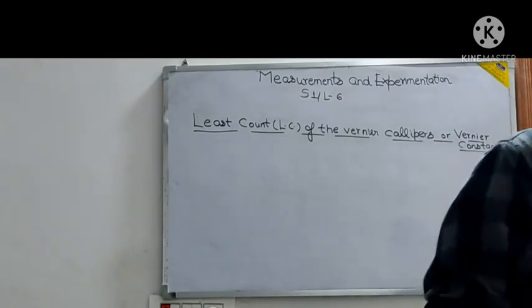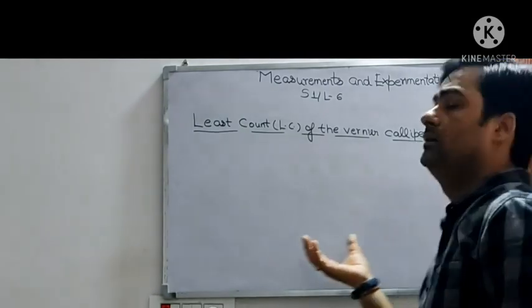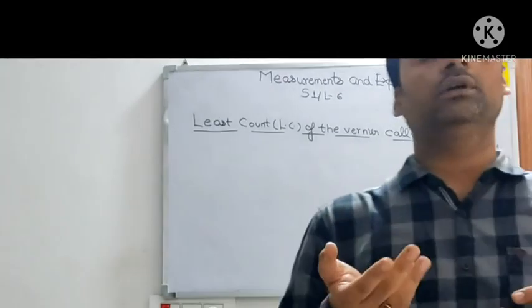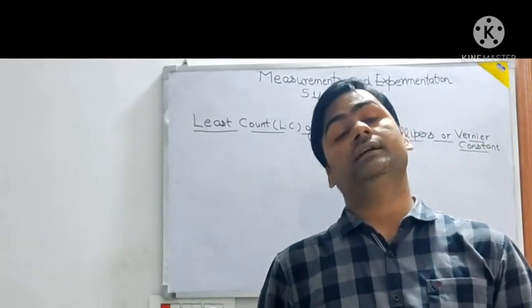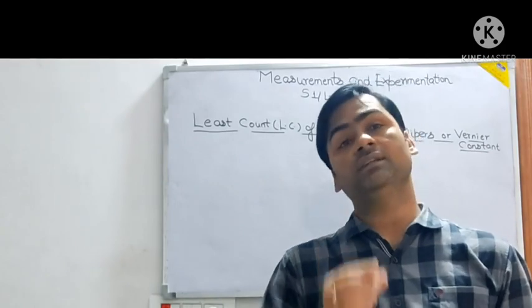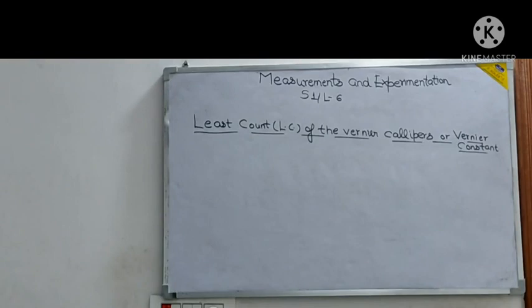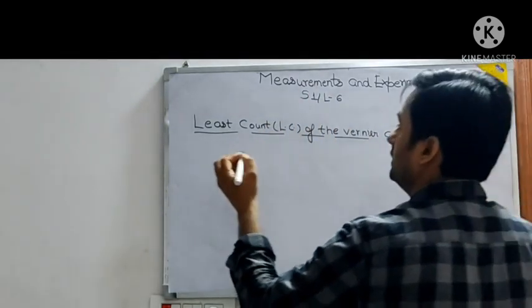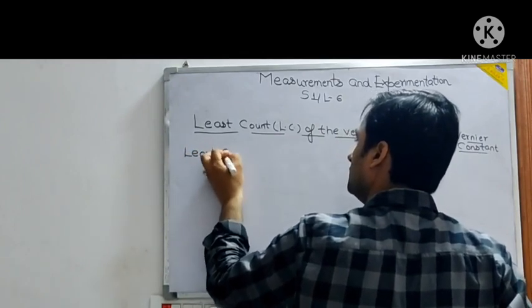Now this least count of the vernier calipers, or vernier constant, again see, one concept that I have told you is that 10 vernier scale divisions are coinciding with 9 main scale divisions. Yes or no? Now what is least count? Again I will tell you, the least count of the vernier caliper or vernier scale is the minimum measurement which you can measure with any scale.